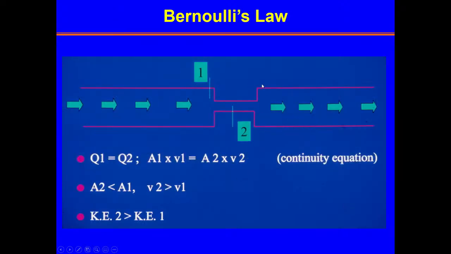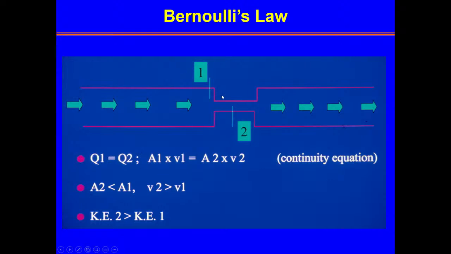We'll touch bases now with another expression that we need to obtain estimates of pressure gradients, and that's Bernoulli's law. Before we get into that, many of you use the continuity equation. Where does that come from? If we look at flow through this arrangement of tubes, flow goes from point 1 to point 2.